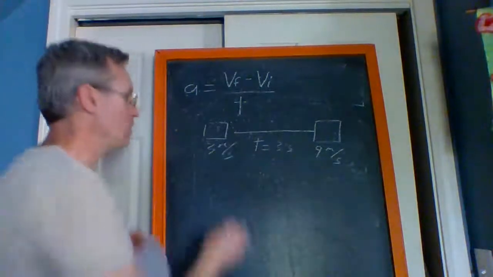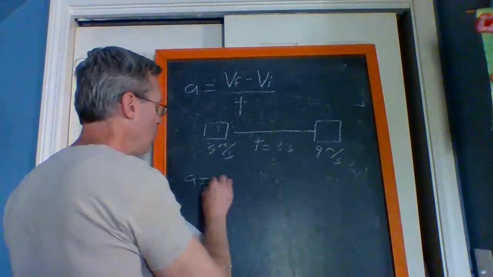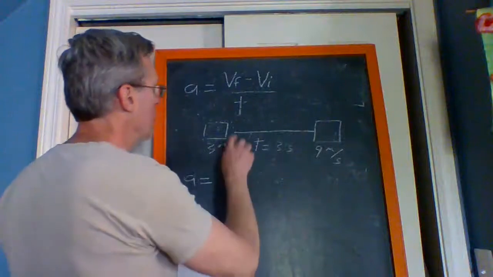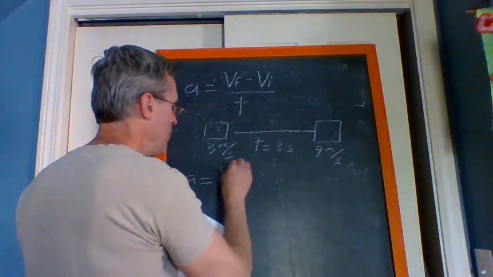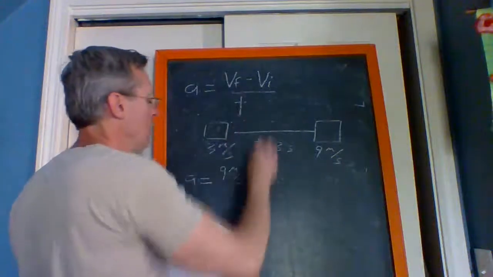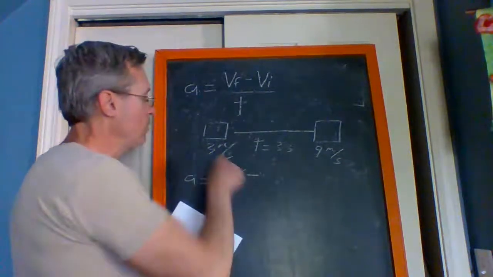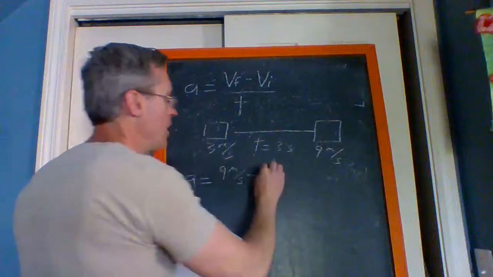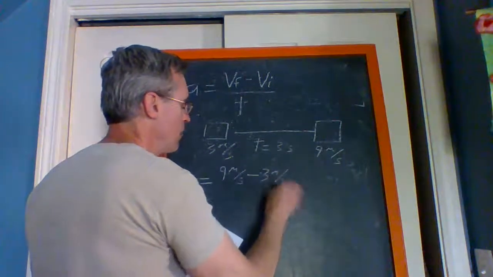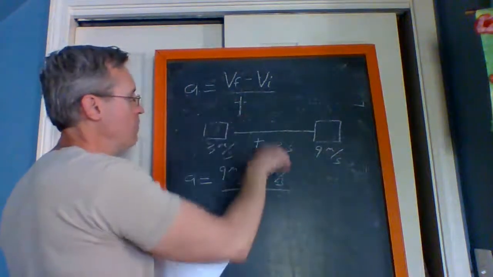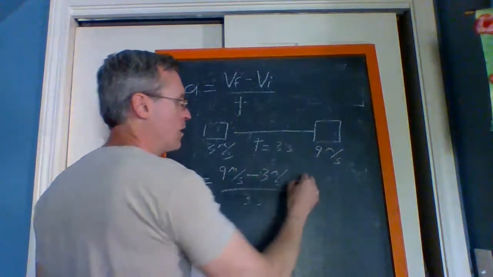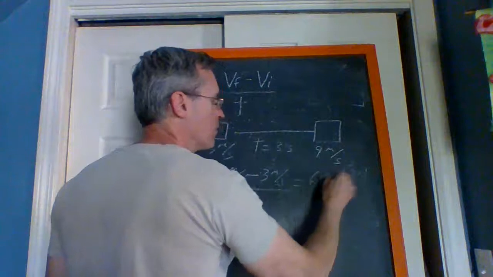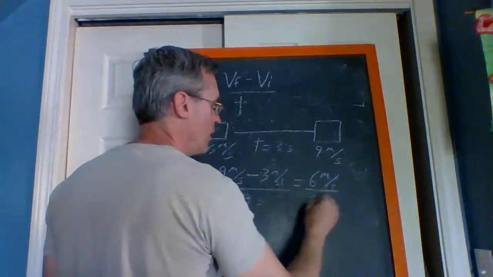What's your acceleration? Your final velocity would be 9 meters per second, minus 3 meters per second, that's your initial velocity, and you did it in a time of 3 seconds. So 9 minus 3 is 6 meters per second divided by 3 seconds.